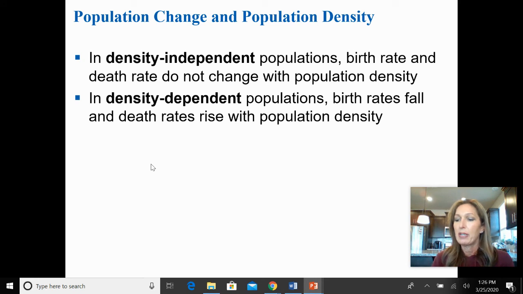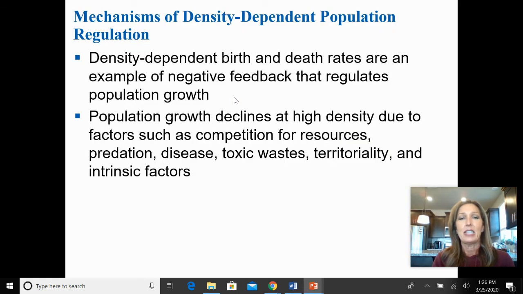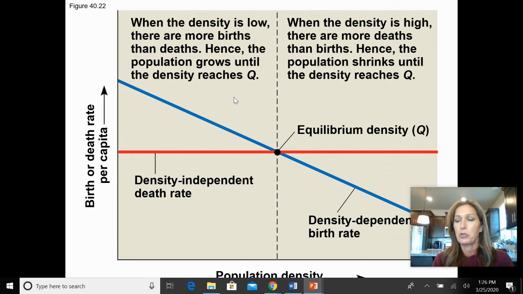And last but not least, we need to make sure that we understand density independent and density dependent population controls. When we talk about density, what we're addressing are factors that influence population sizes.